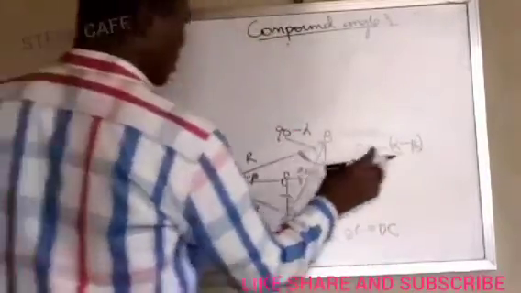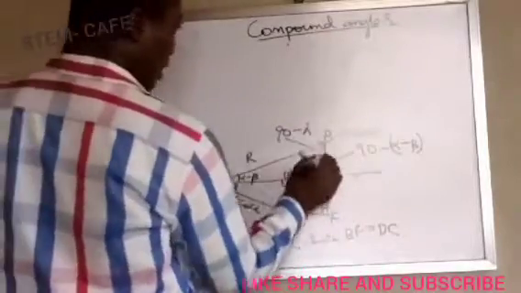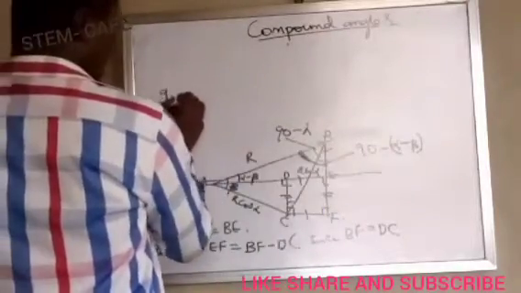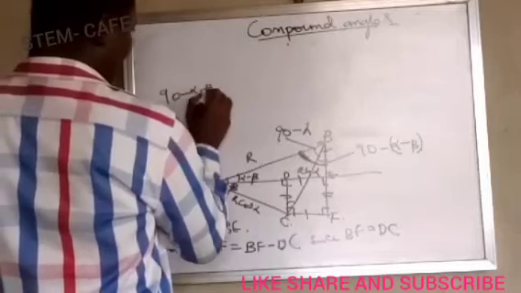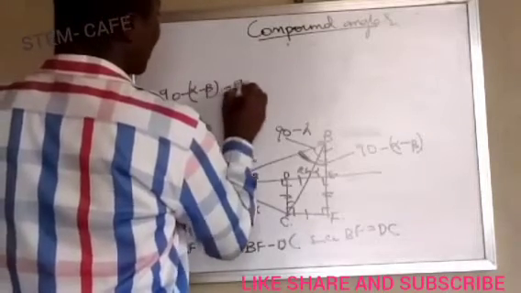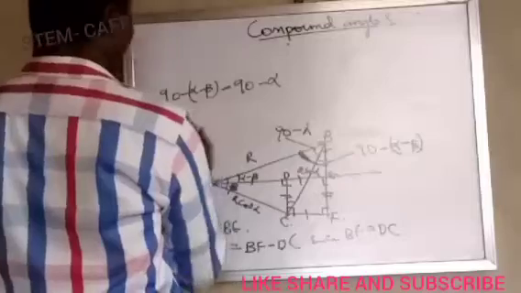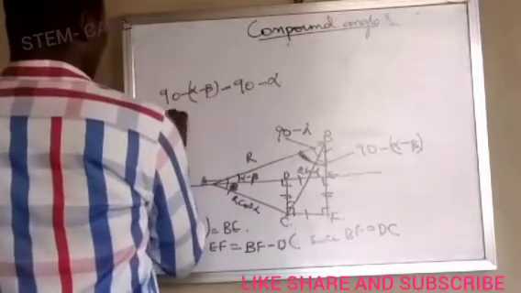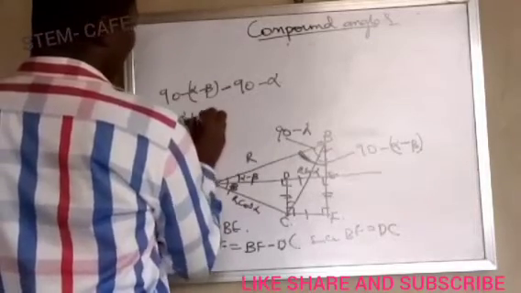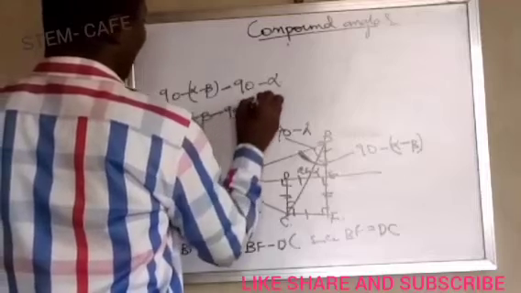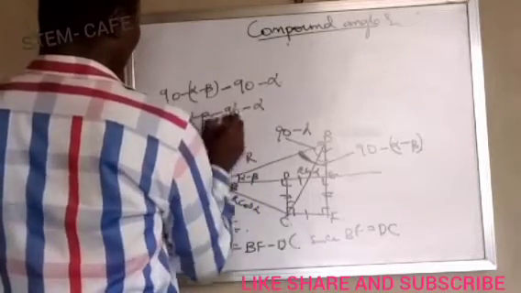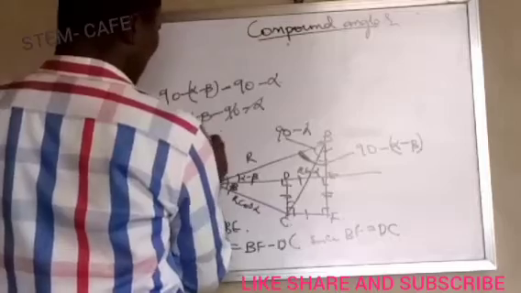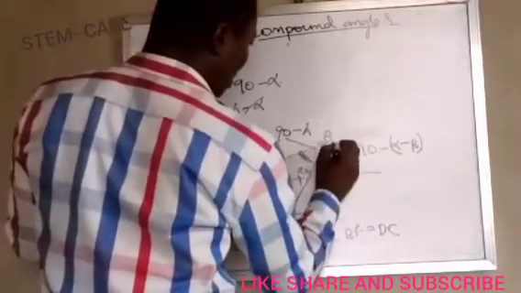So this angle here will be equal to this one minus this one. So this angle is going to give us 90 minus alpha minus beta minus 90 minus alpha. On expanding this, it's going to give us 90 minus alpha plus beta minus 90 plus alpha. So this cancels this. So we are going to have beta. So the angle here is going to be beta.